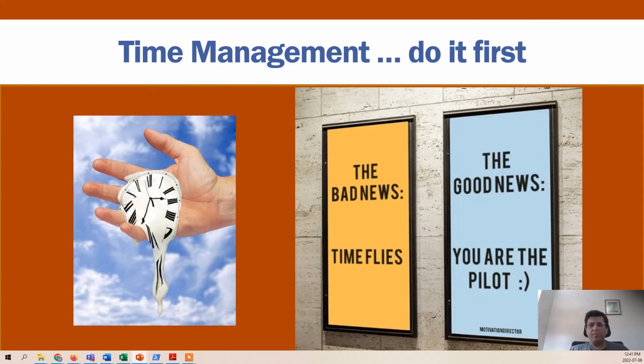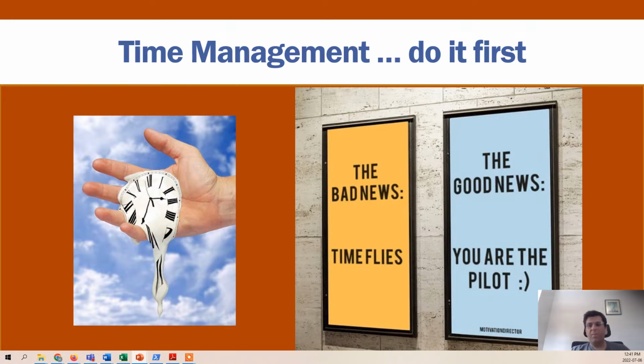So what is the problem? Can we manage time? I probably think that's not a correct way of using this. You cannot manage time. You can manage yourself, you can manage your behavior, you can manage your choices, and you can manage your attention.